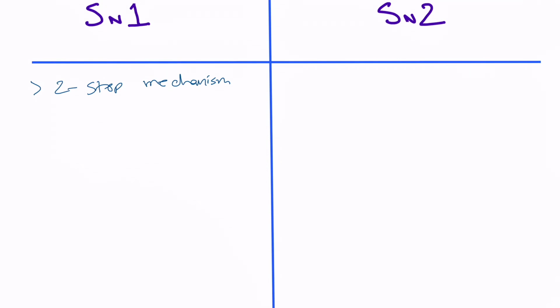Let's say I have some compound with some leaving group, and then I have a nucleophile. The very first step in an SN1 reaction is that your leaving group will leave on its own to give you what we call a carbocation intermediate, and then you have your leaving group by itself.